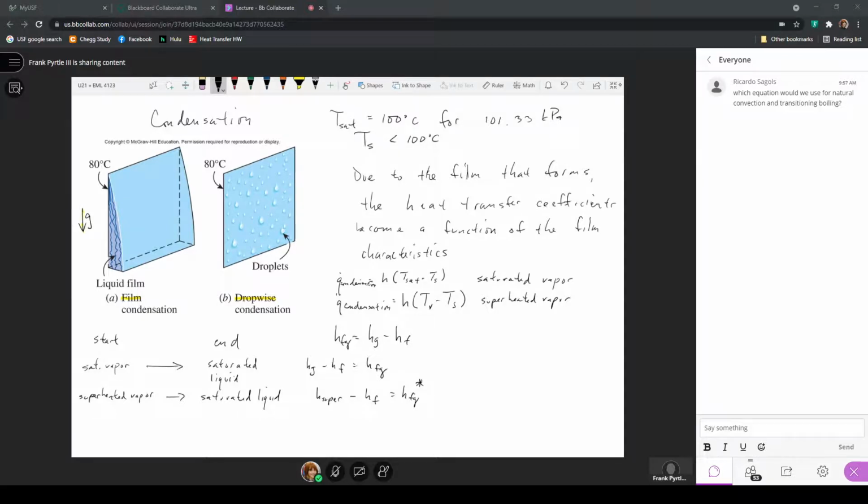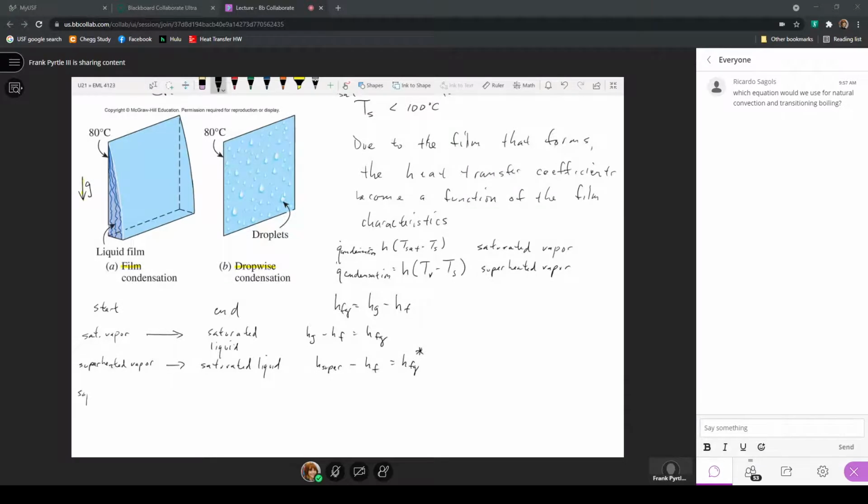This is still an enthalpy difference, but we would call it an HFG star, in that this is just a modified expression of the latent heat of vaporization when we're going from superheated vapor to saturated liquid rather than saturated vapor to saturated liquid.